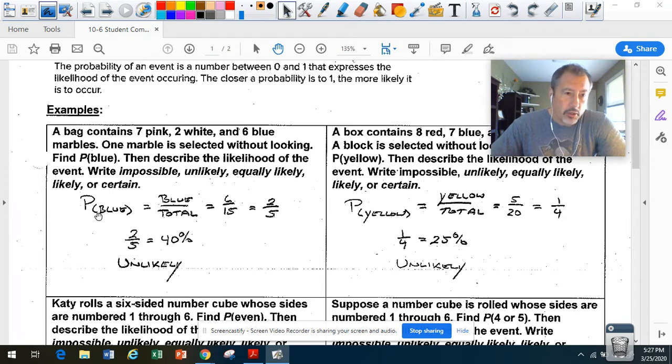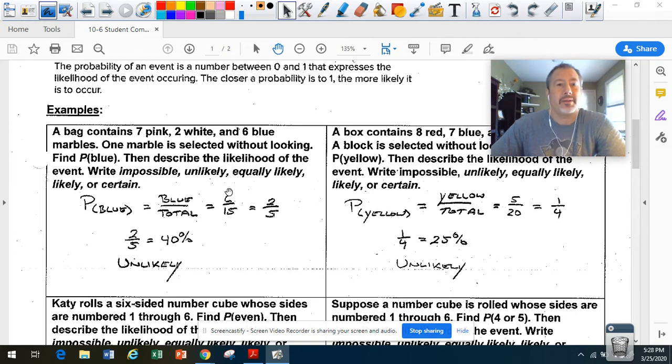So as we look here, here's how we're going to write it. We're going to do our capital P, with a subscript in the parentheses. This is what we want to get. So this is going to be equal to our blue, which is what we are favoring, over the total. If we add these marbles up, 7 plus 2 is 9, plus 6 is 15. So there's 15 marbles in the bag, and 6 of them are blue.